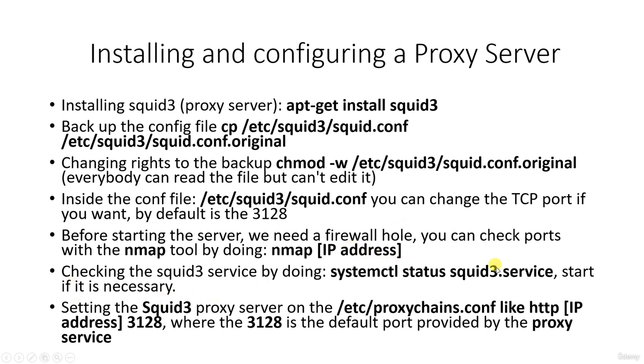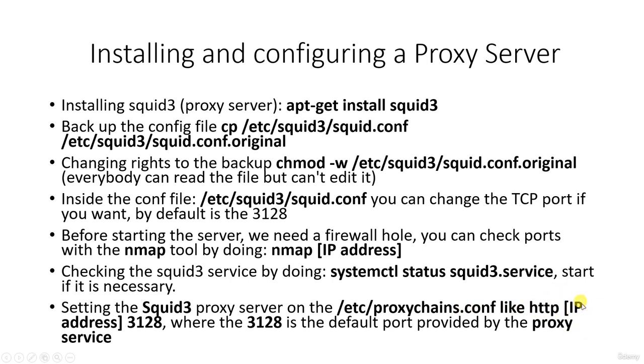Check the Squid3 service by doing this command, which will start the service, and if necessary, you will need to do all of this. Then set the Squid3 proxy server in the location of this directory and this configuration file like this.